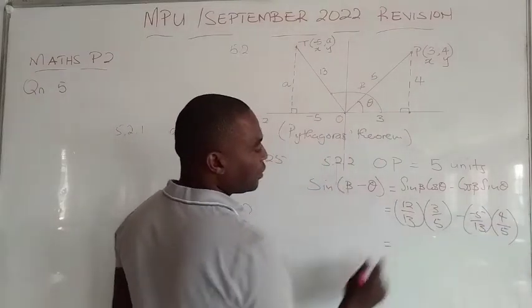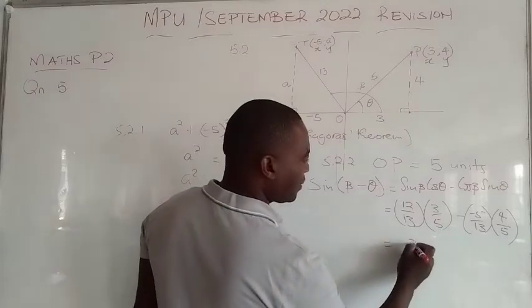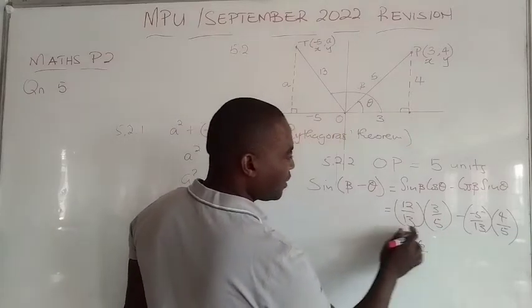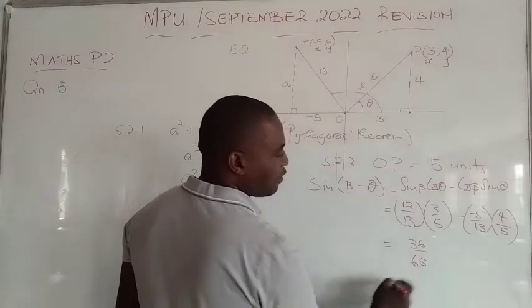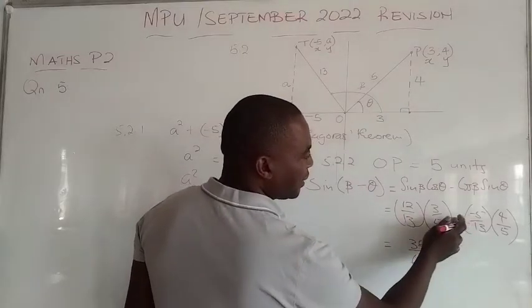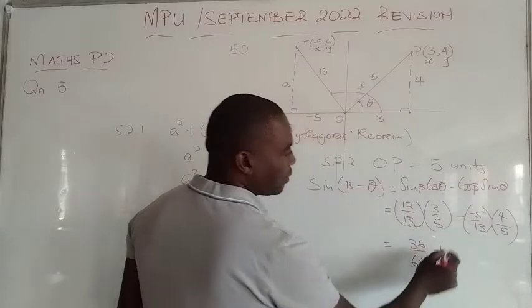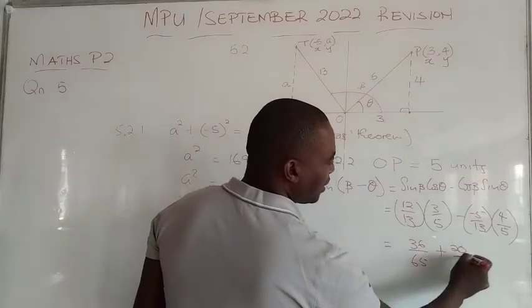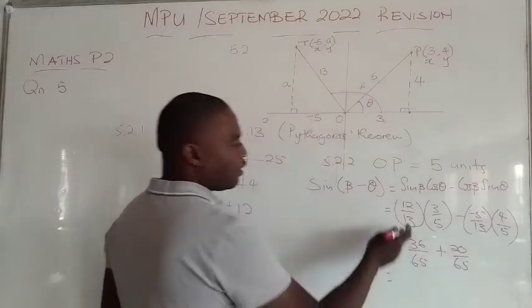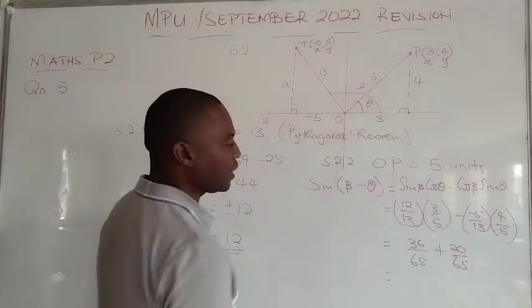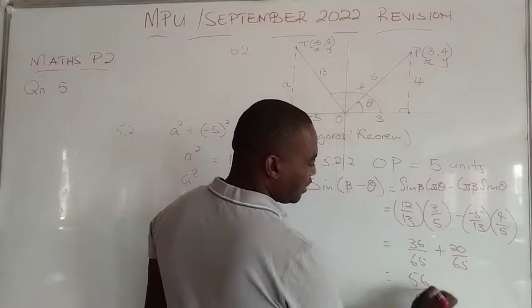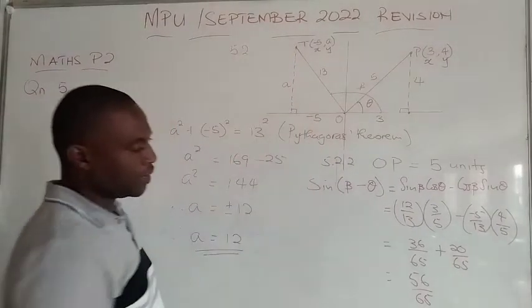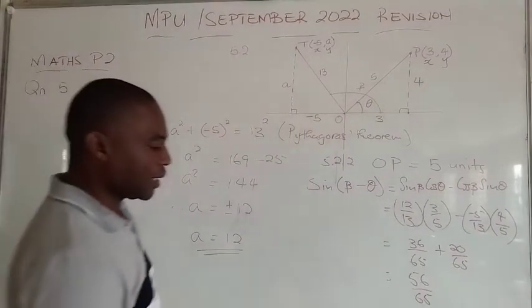So that will be 36 over 65, and then the negative becomes positive, that will be 20 over 65, of which you can also use the calculator, which is basically 56 over 65. You can further reduce it like that.